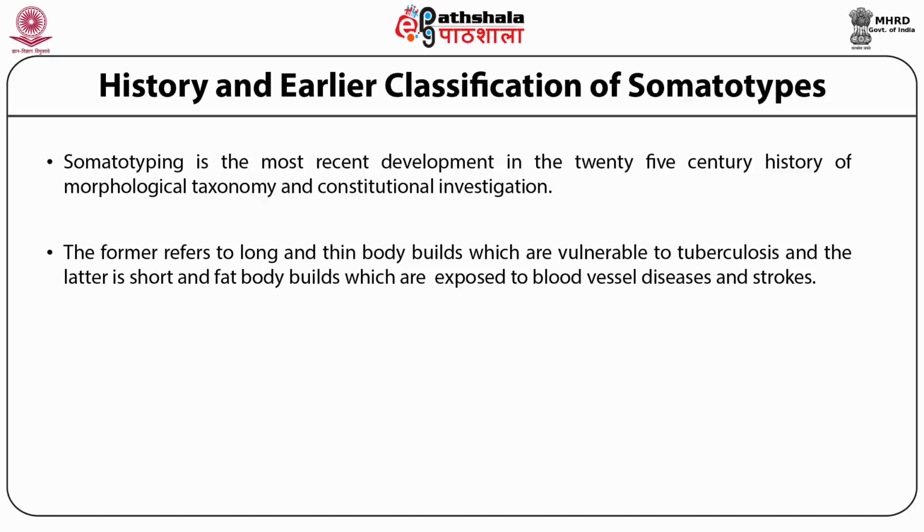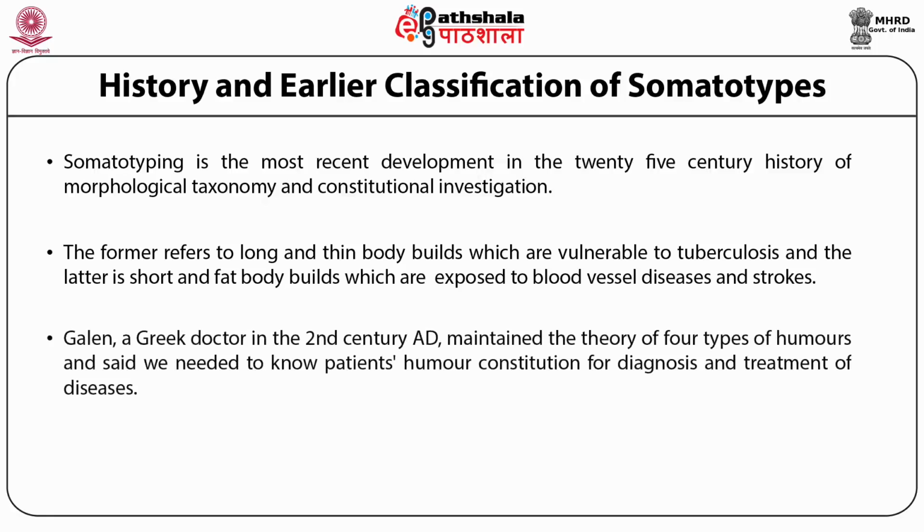Celsus, an editor of a Roman Medical Encyclopedia in the 1st century AD, wrote that it was necessary to learn about the nature of constitution in order to understand why a certain person was thin while others were not. Galen, a Greek doctor in the 2nd century AD, maintained the theory of 4 types of humors and said we needed to know the patient's humor constitution for diagnosis and treatment of disease.